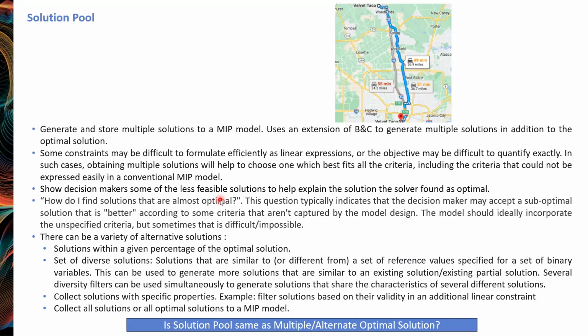In the map example shown here, a diverse solution could be, for example, a road which passes only through national highways. The second solution could be a road which passes through areas which are not on the main road. So based on your requirement, you can choose. The third option can be some scenic route.